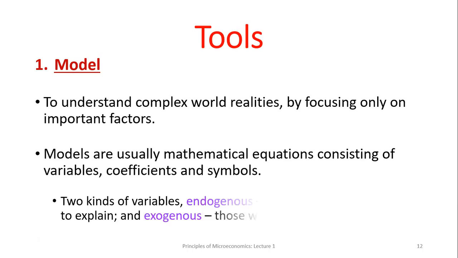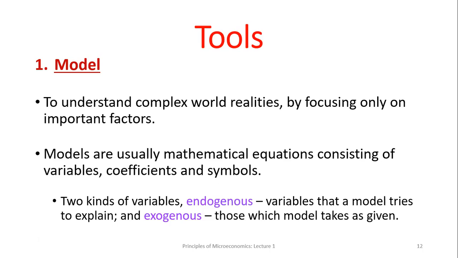Models are usually mathematical equations. These consist of coefficients, variables, and symbols. Some variables are named endogenous variables. These are the variables that a model tries to explain, whereas some are exogenous variables. We take them as given and we do not study their generating process.